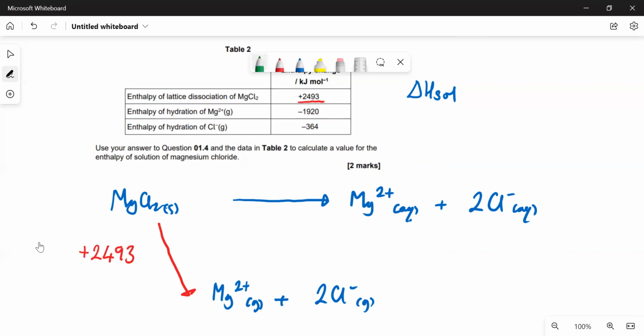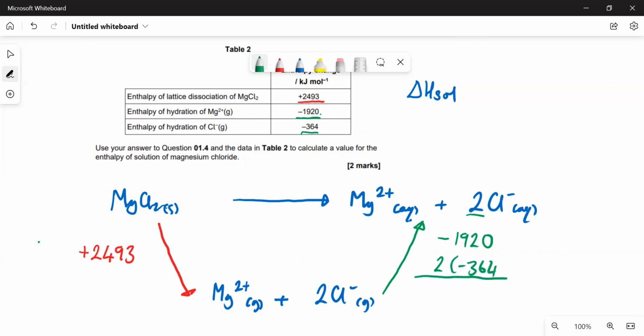And then in this one, we're getting gaseous ions and turning them into aqueous ions. So we're hydrating them. We're hydrating 1 mole of magnesium ions, so that's going to be minus 1920. And we've got 2 moles of chloride ions there, so that's going to be 2 times minus 364.